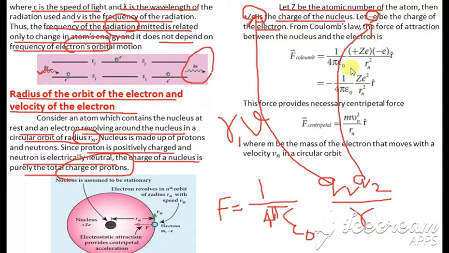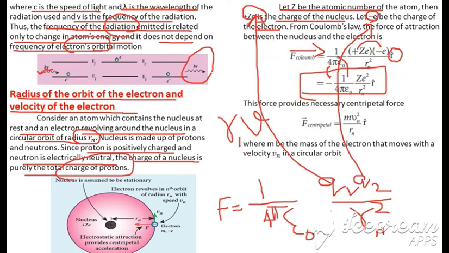So we get 1 by 4 pi epsilon naught Ze into minus e divided by Rn square, into r cap. We write r cap because this is a vector. Plus into minus gives minus, so we get minus 1 by 4 pi epsilon naught Z e square divided by Rn square into r cap. This gives you the Coulomb force.